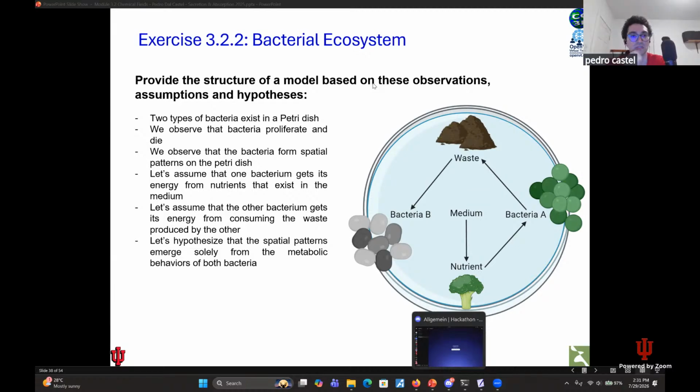Okay, we have an answer from the chat. The model should account for two types of bacteria. For both, there should be mitosis and death.